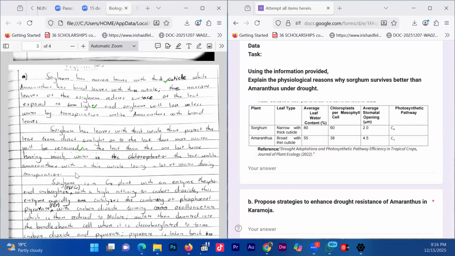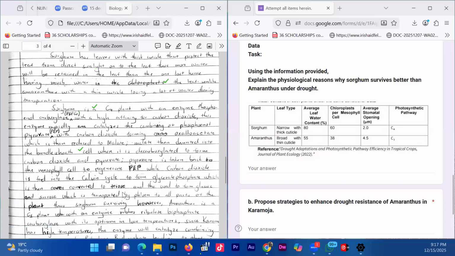Unlike the amaranthus with a thin cuticle, which loses much water. What else? Sorghum is a C4 plant with an enzyme, phosphoenolpyruvate carboxylase.